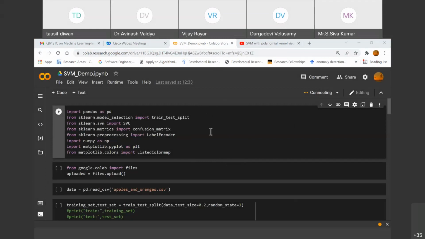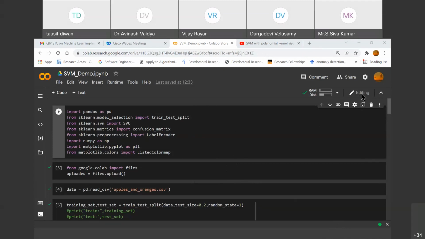Is it visible now? Yes, visible, sir. Yes, is it audible? Yes, now it is audible, sir. Okay, is the screen visible? Screen is visible, sir.